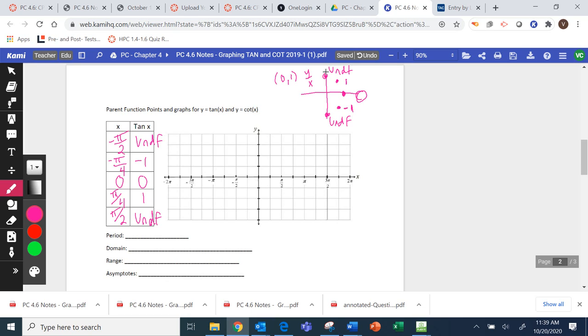So I'm going to start in my table here, and I'm going to graph my asymptotes. My first asymptote is at x equals negative pi over 2, and then my next asymptote is at pi over 2.